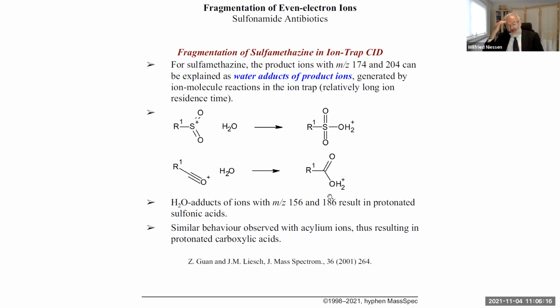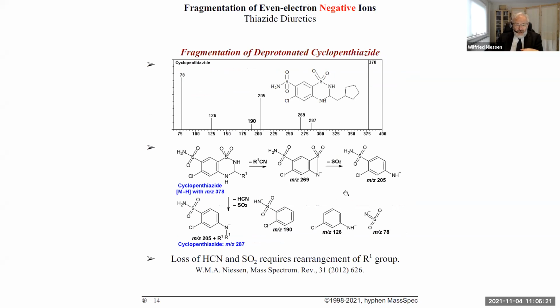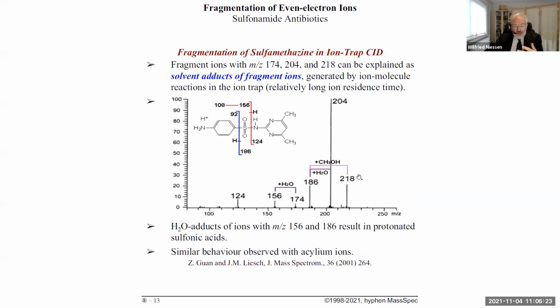Sometimes you see these types of adducts in other situations. In fact, my initial idea about solvent adducts came from a molecule with a mass of m/z 150, which showed in the ion trap a product ion at 174.